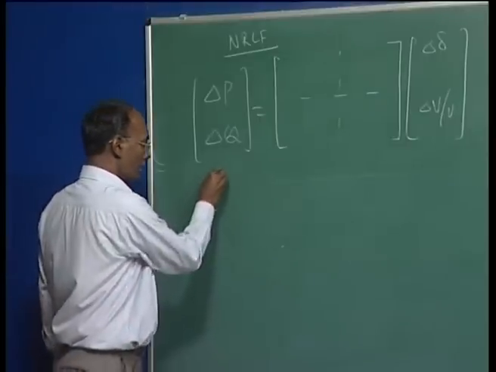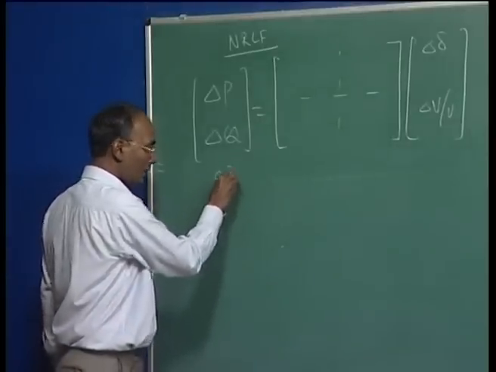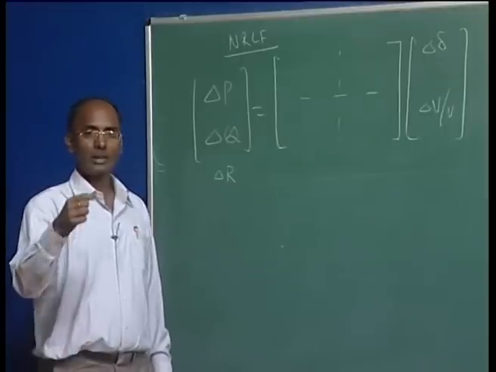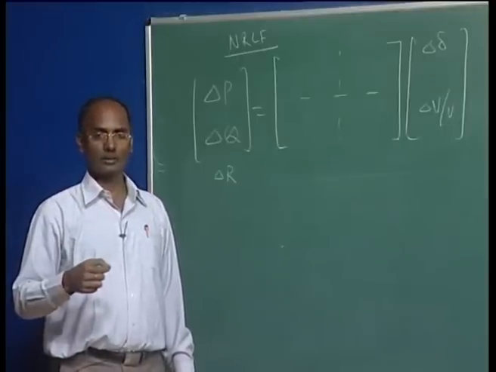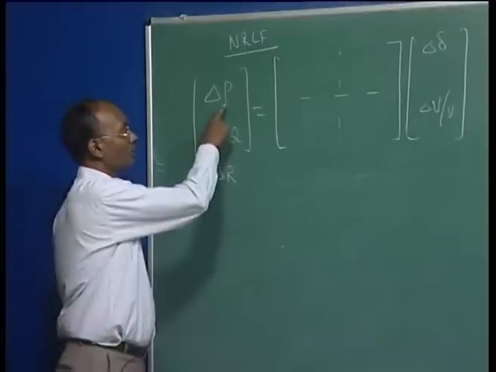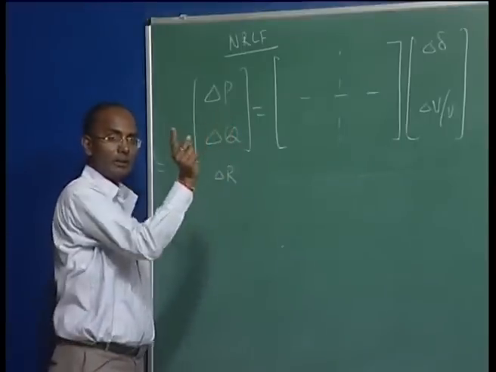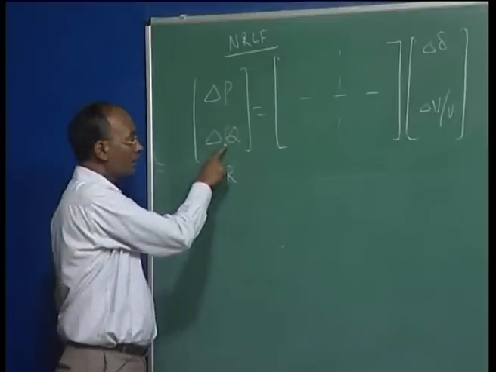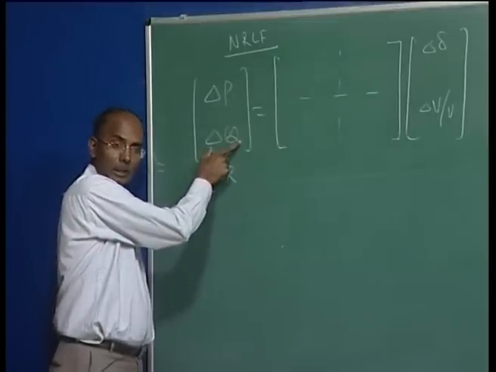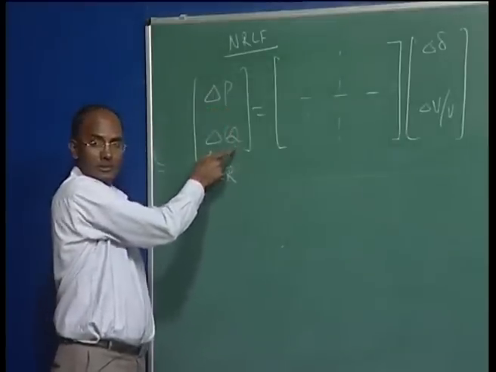Here I am writing R, means we are having R1, R2 and R3, 3 equations. Here it is again the P2, if one is slack, P2 to Pn. Here it is corresponding to the number of load buses, because these are the vectors.